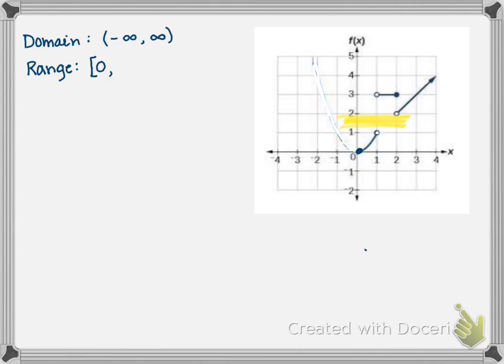This gap right here, there's no part of the graph that has a point in that area. That corresponds to those y values. But over here where there's kind of another break, or between here and here, these guys still exist, even though they're on another part of the graph. So you have to jump around. A good way to tell if you think there is a gap in your domain or range is to pick a number in there. Say I think there's a gap between 1 and 2; pick a number in there and see that it intersects the graph right there, so there is a point that has that y value.